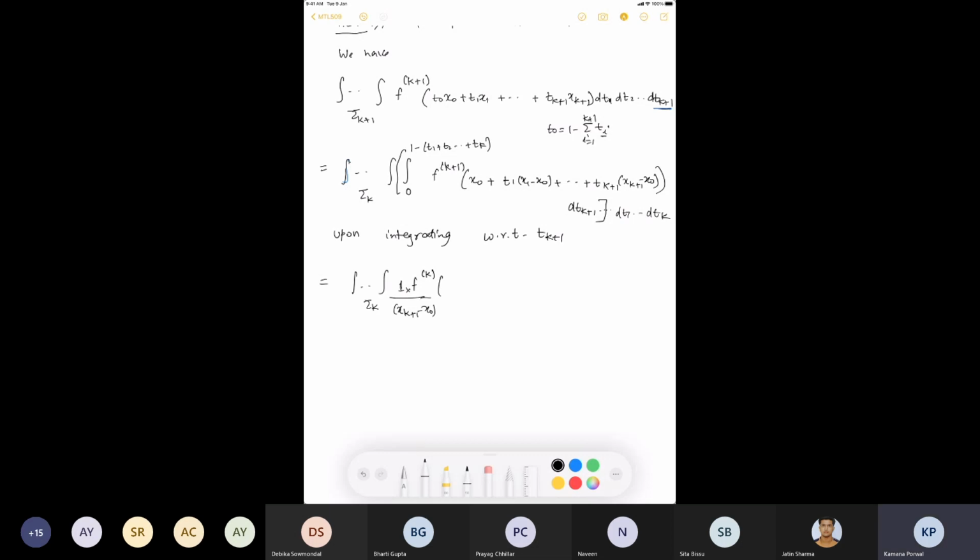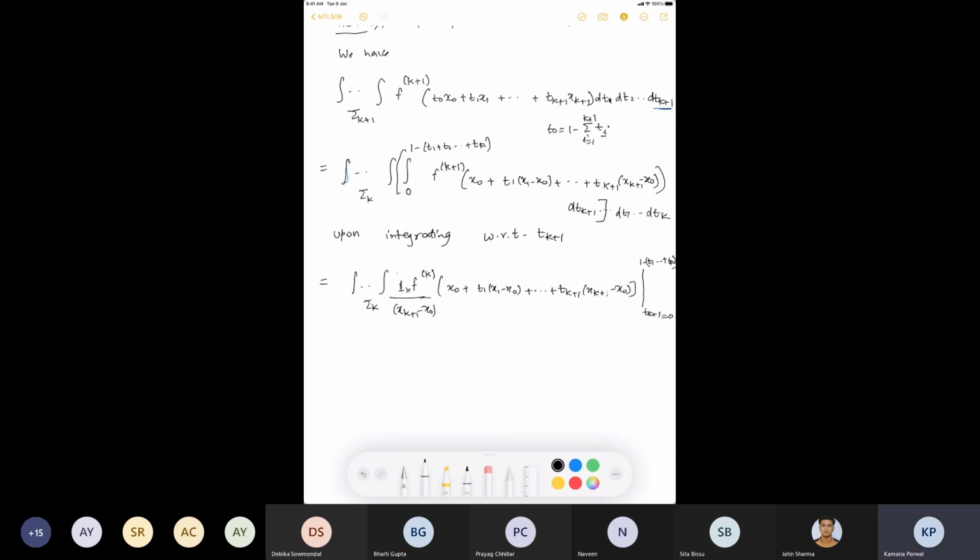Right? And then fk will be evaluated as x naught plus t1 x1 minus x naught up to tk plus 1 xk plus 1 minus x naught, and the limits of the tk plus 1 is, this is 0 to 1 minus t1 up to tk.